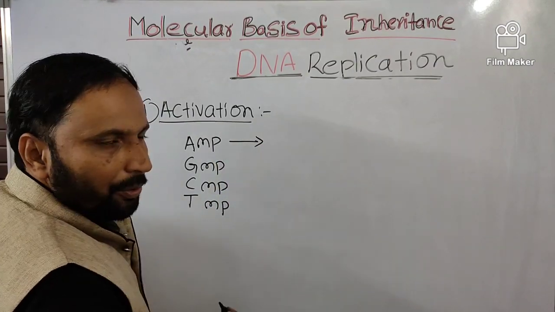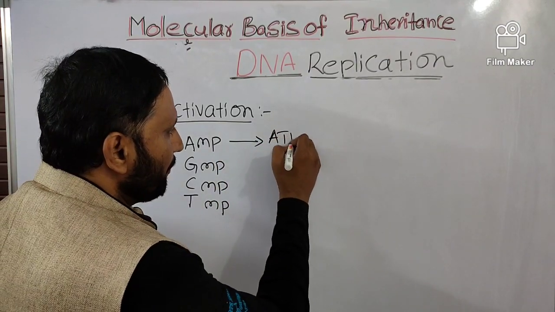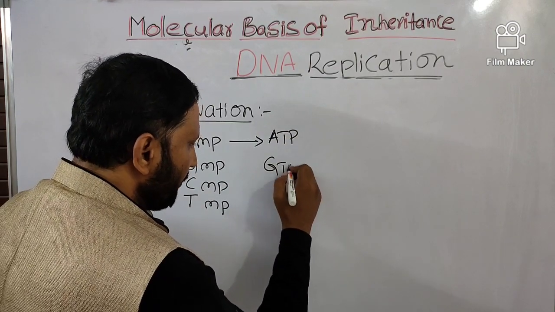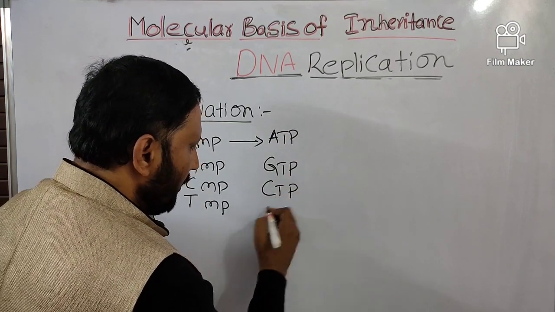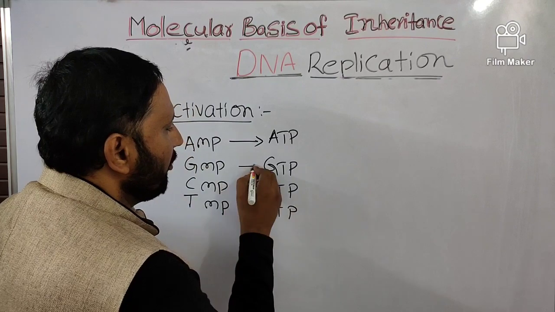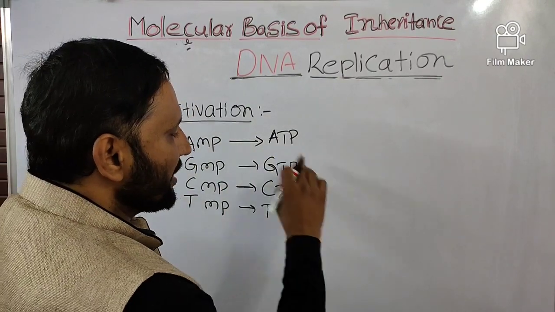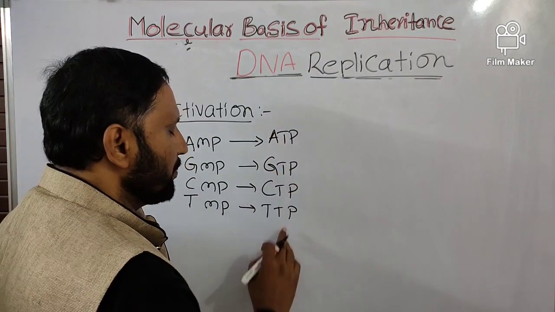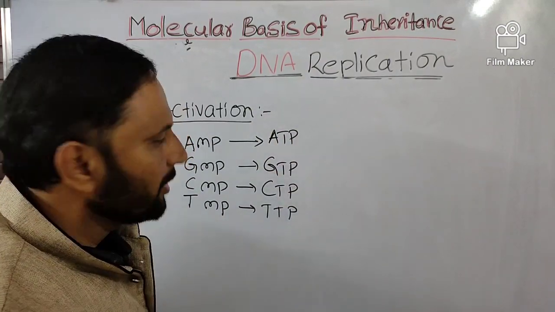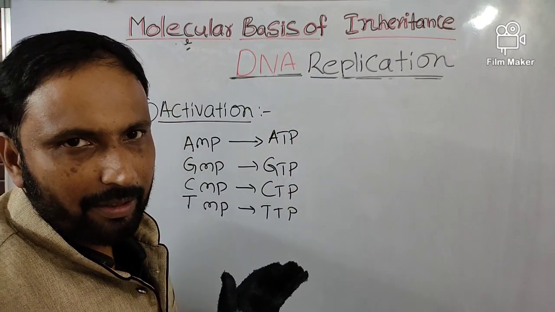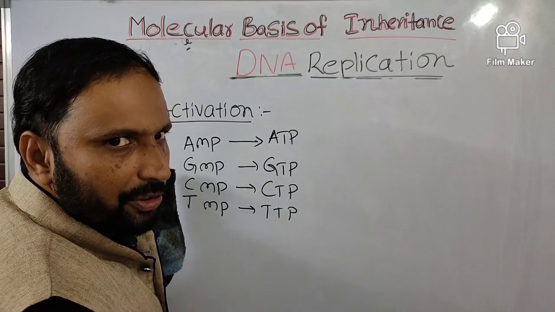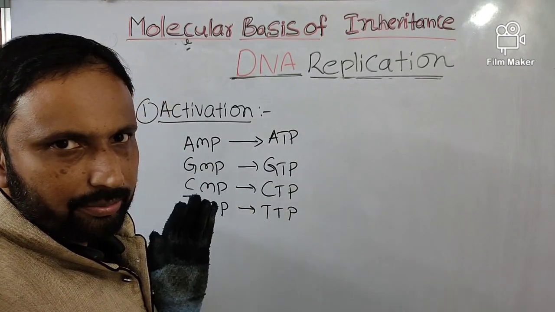They are converted into ATP, GTP, CTP, and TTP because of phosphorylation: adenosine triphosphate, guanosine triphosphate, cytosine triphosphate, thymine triphosphate. After phosphorylation, they are converted. First they are inactive, now they are active.